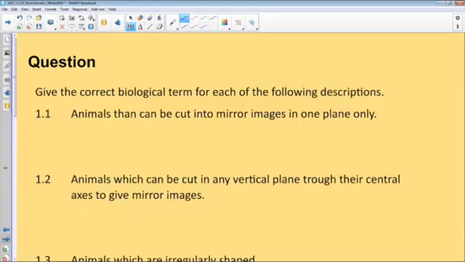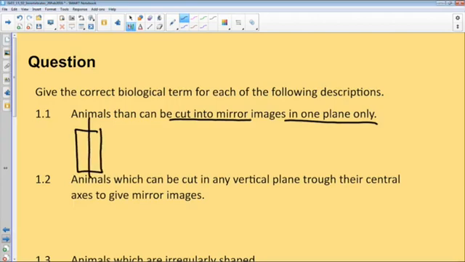So we look at these questions again, and I'll go through the answers with you. As you would have seen before we went on this break, I looked at the questions and underlined the keywords, and that will help me to answer these questions. So again, 1.1, animals that can be cut into mirror images in one plane only. Essentially, if you look at an organism that can be cut in one plane only, what is that?